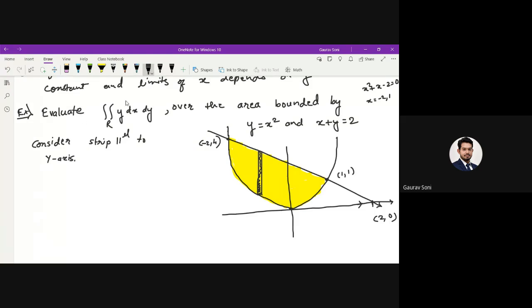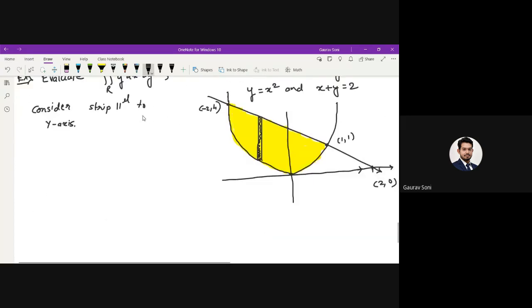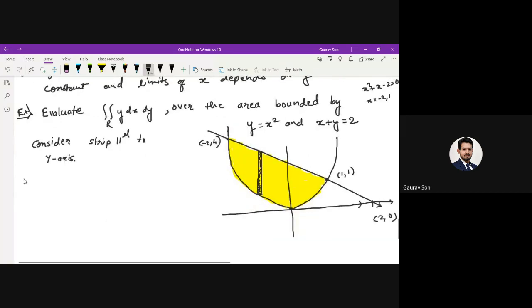If I consider the strip parallel to y-axis, with our remark, the limits of x are constant. Where is your x running from? x is running from minus 2 to x equal to 1.